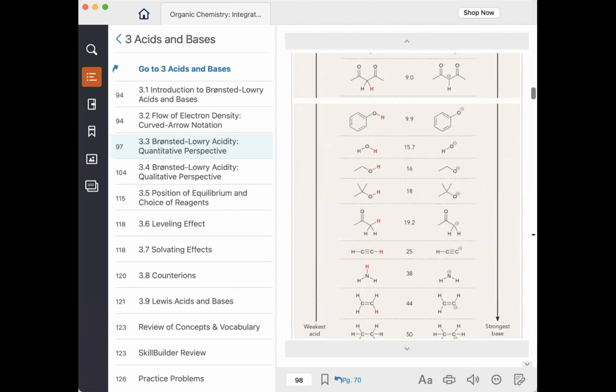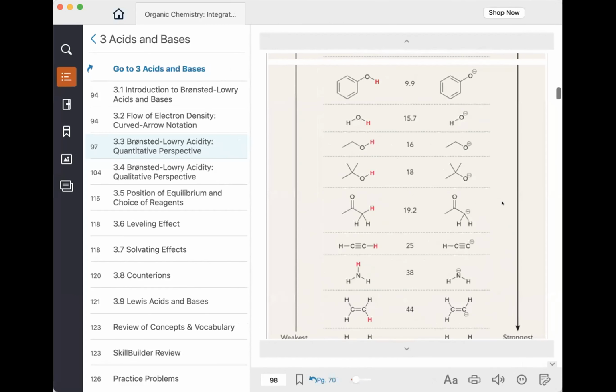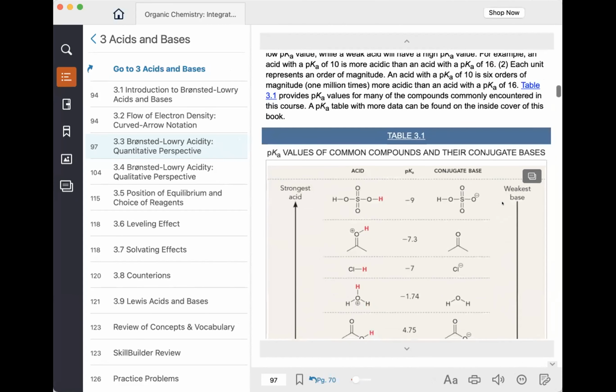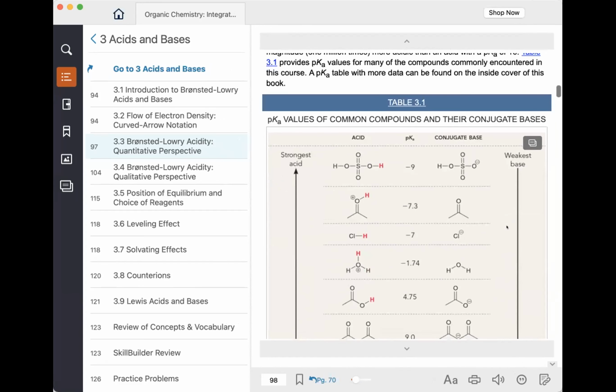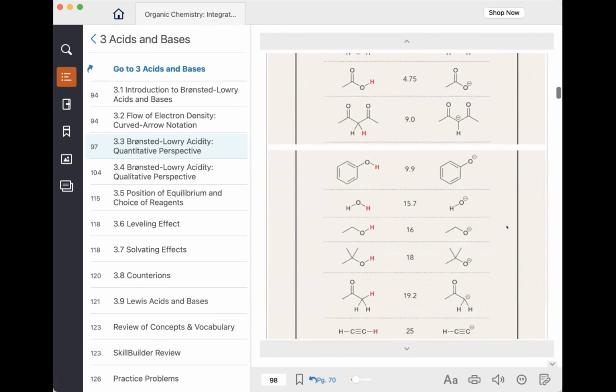So I encourage each of you to have a look at table 3.1 and familiarize yourself with basic functional groups and their pKa's, because we will be using these over and over in this year of organic chemistry that you're taking.